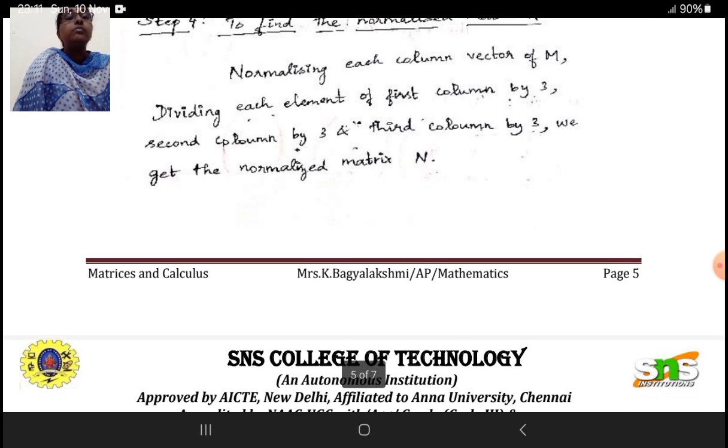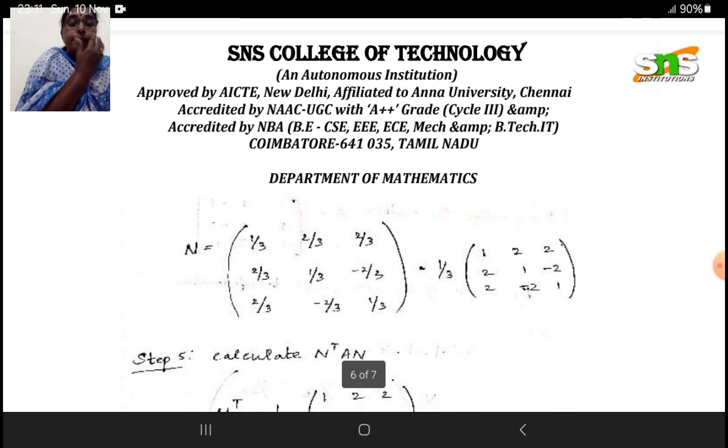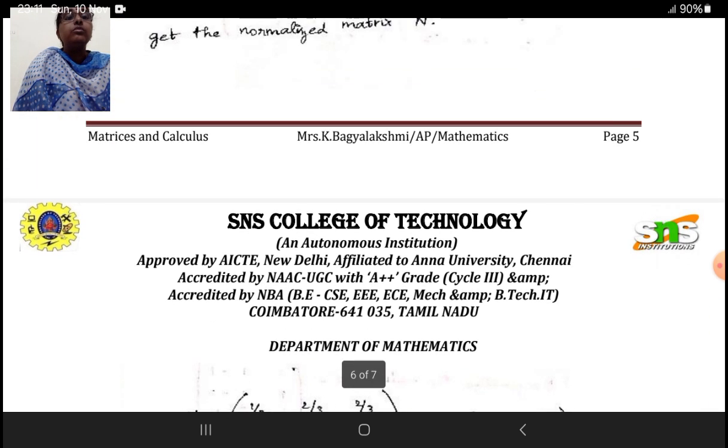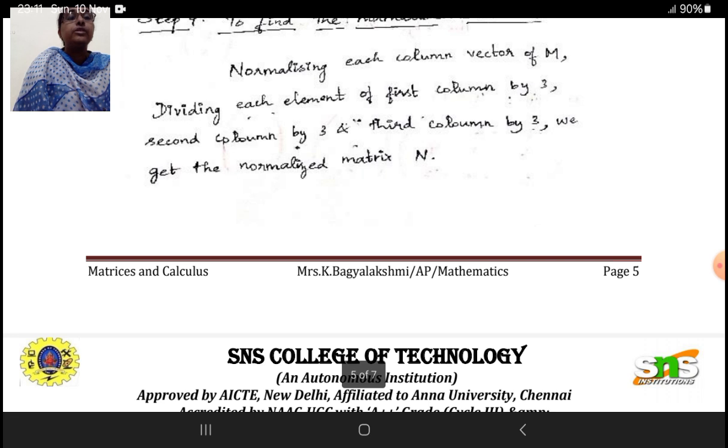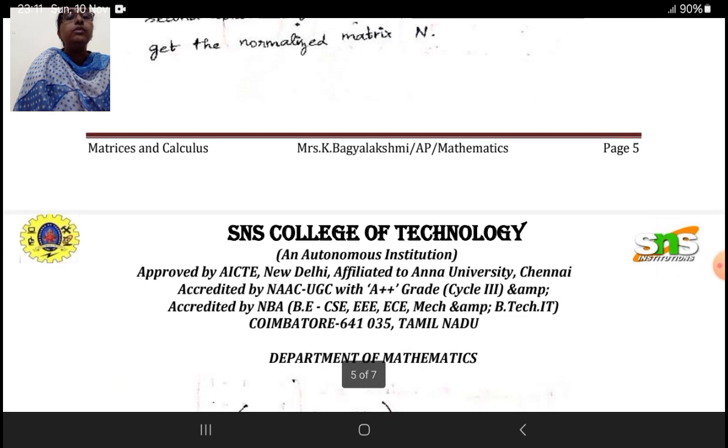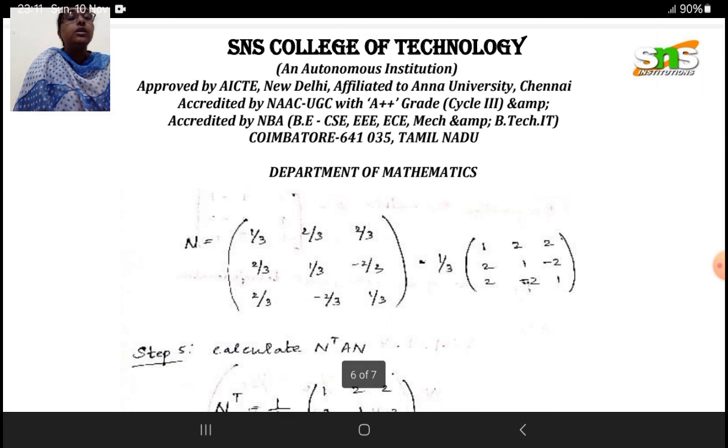The normalized matrix is nothing but the normalization of each column vector of M: dividing each element of the first column by 3, the second column by 3 and the third column by 3, we get the normalized matrix.